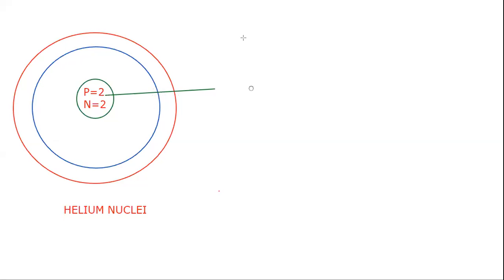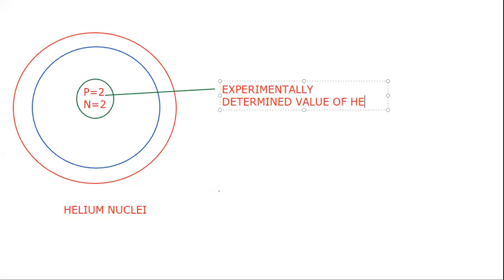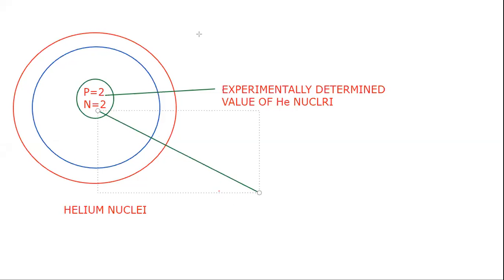One mass is known as the experimentally determined value of helium nuclei, and the other mass is known as the calculated mass.